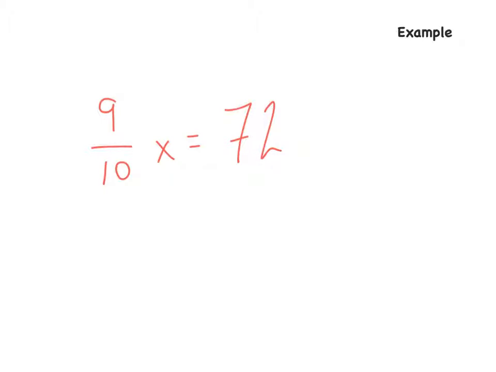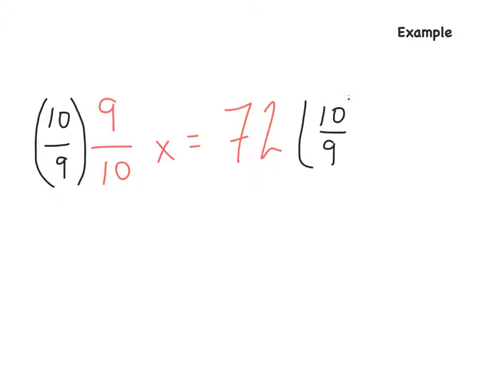Alright, so if we have 9/10 times x is equal to 72. Remember, we must multiply by the reciprocal. By doing that, the reciprocal of 9/10 is 10/9. If we multiply by 10/9 on the left, we must multiply by 10/9 on the right.